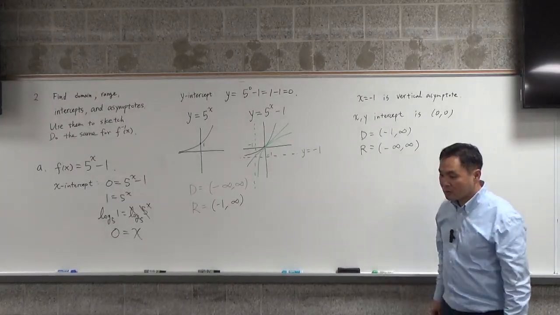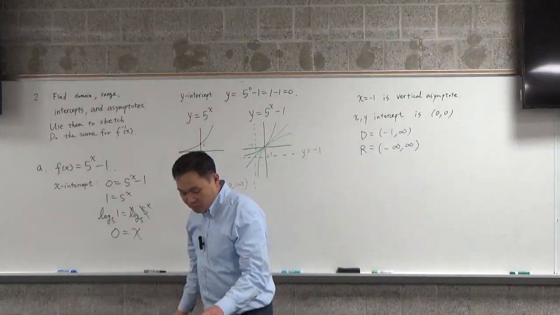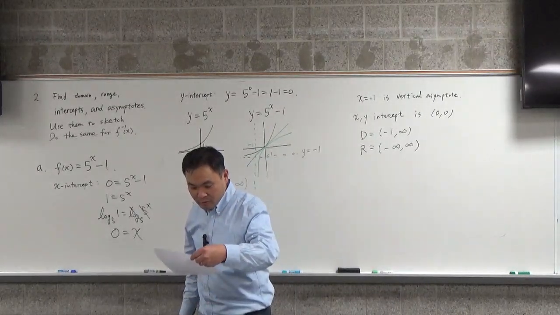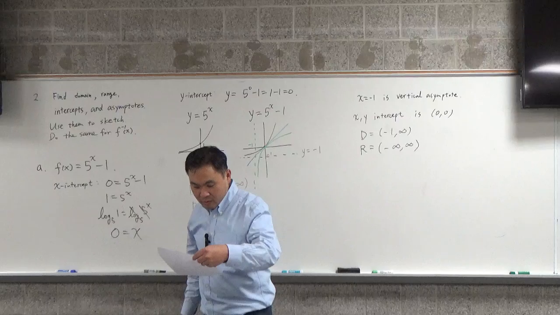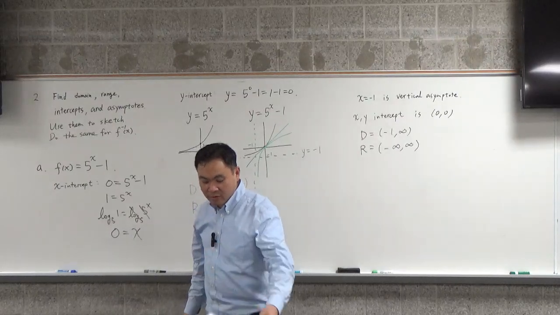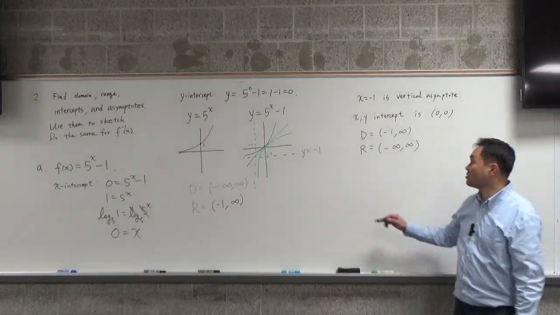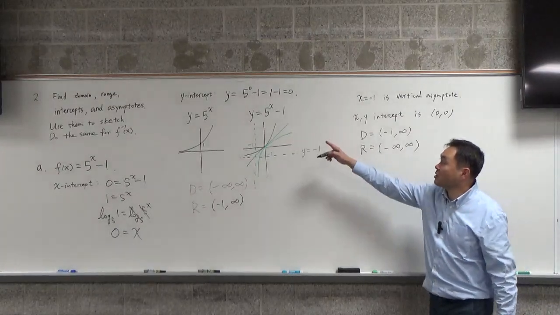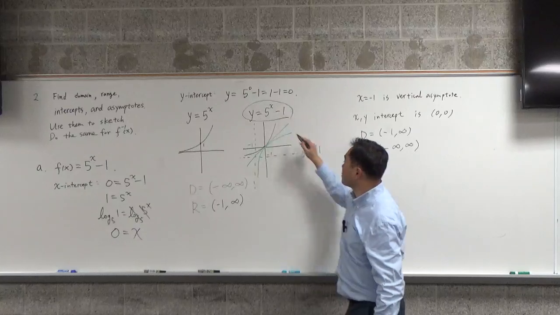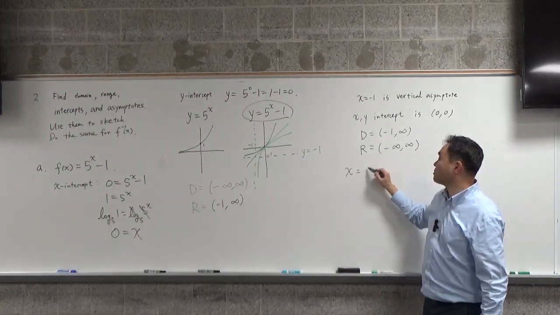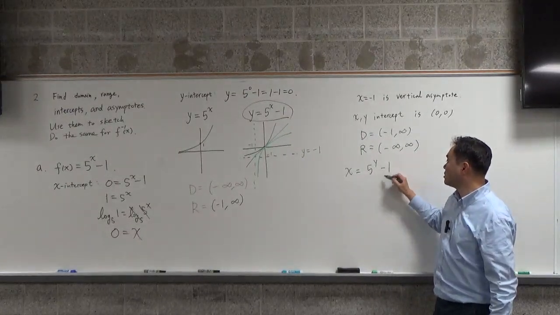Okay. Now let me see. Did I ask for finding f inverse? Oh, it does say so. Okay, so I didn't write over here, but it also says to find the inverse function. So let's do that. Let's take this, switch x and y. So x is equal to 5 to the y minus 1.